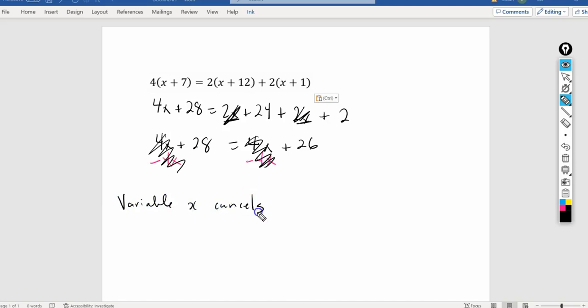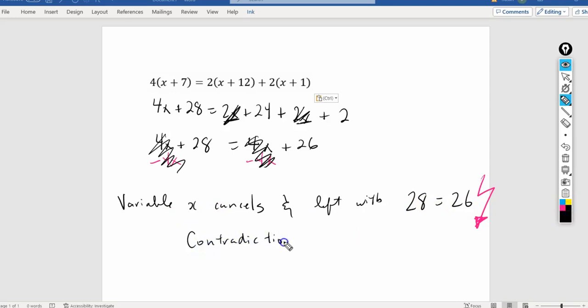And we're left with, what are we left with? 28 equals 26. That is a false statement. So when your variables cancel and you're left with a false statement, what you have is a contradiction.